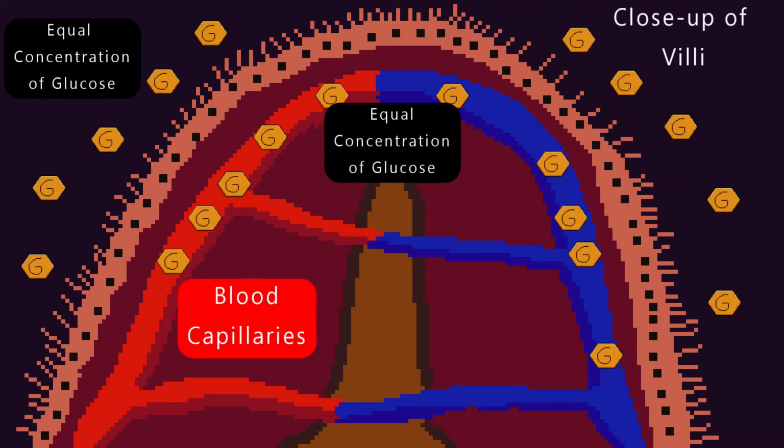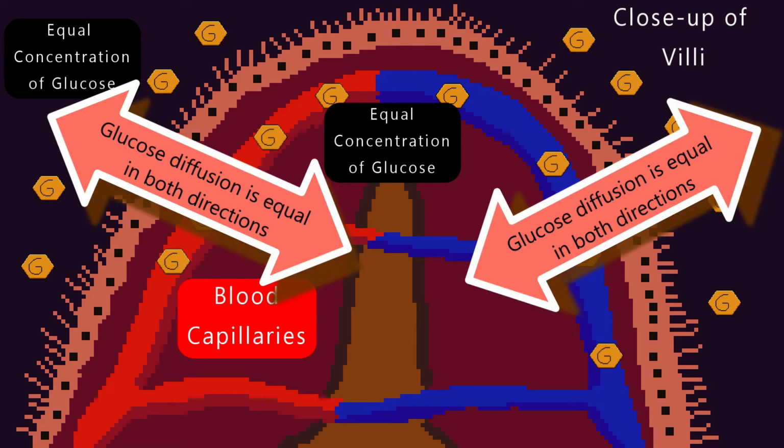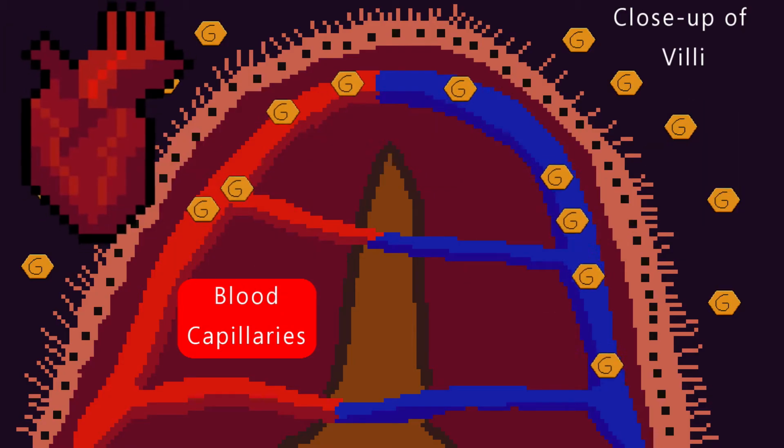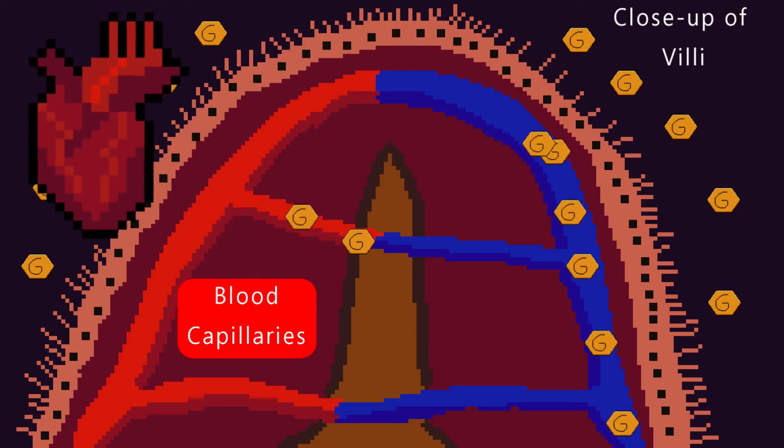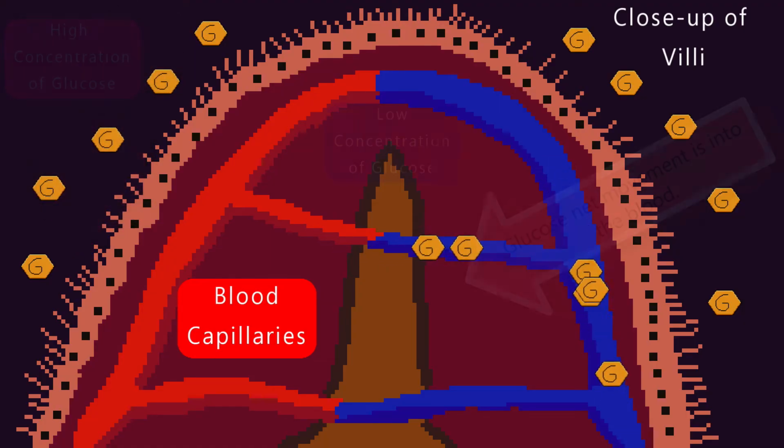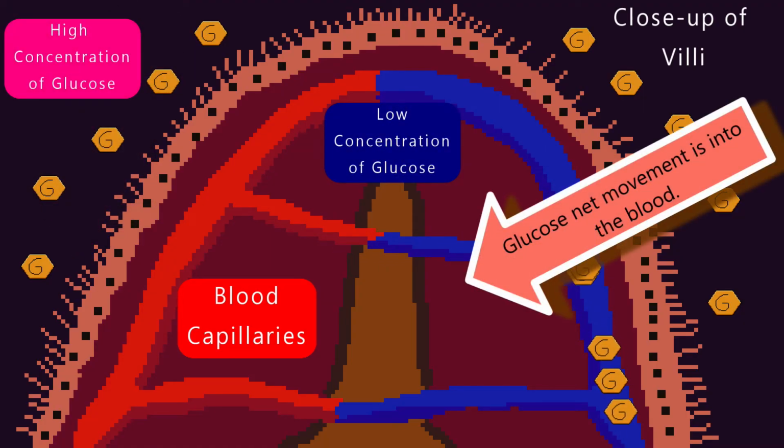If no fresh blood is passing through the villi, eventually the glucose would reach equilibrium and the net movement of glucose would be equal in both directions. Luckily, our heart pumps fresh blood all the time, so glucose is always carried away from the villi, keeping the glucose concentration always low in the villi.